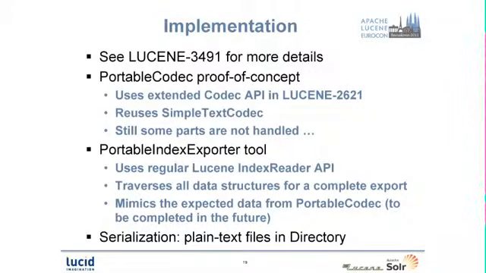So based on these requirements and goals, I went and implemented a preliminary patch, which is sort of working, but I wouldn't put it in production yet. So there is an issue created, Lucene 3491. There is code there. You can download it, you can try it out, and you can see for yourself whether it's useful, applicable, or what.